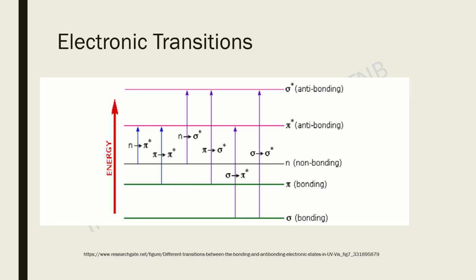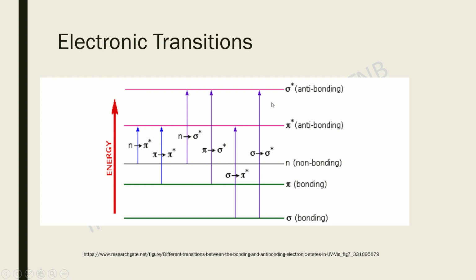The electronic transitions that take place are as follows. Sigma and pi are the bonding electrons. These are the anti-bonding electrons, and n is the non-bonding electron. The electronic transitions are n to pi star, pi to pi star, n to sigma star, pi to sigma star, sigma to pi star and sigma to sigma star.